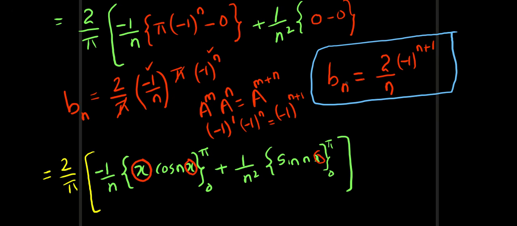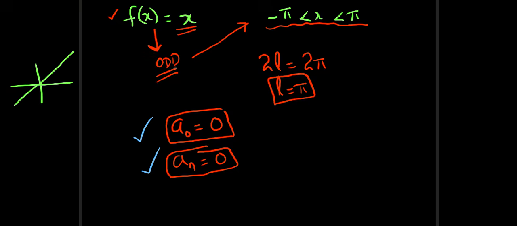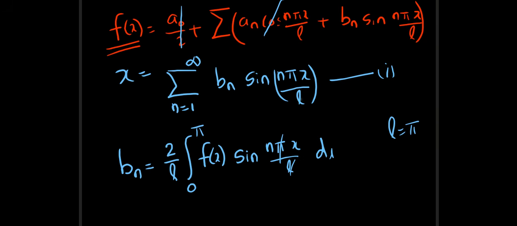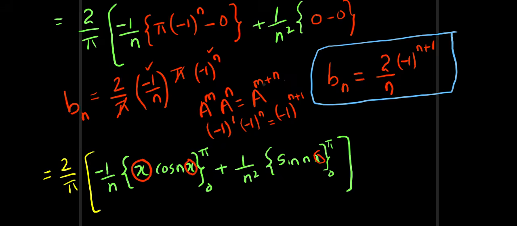Now we are at the end of the problem. Now all you have to do is substitute. Do you still remember equation 1? Yeah, this one. But I didn't substitute the value of L. When you substitute L, this and this will get cancelled. So by equation 1, x is equal to sigma n equal to 1 to infinity.